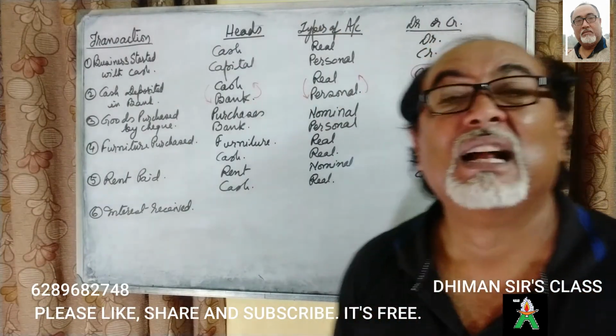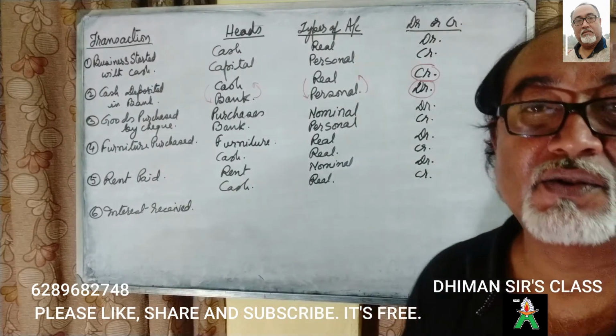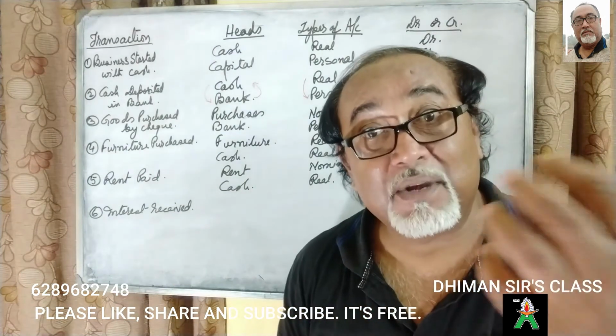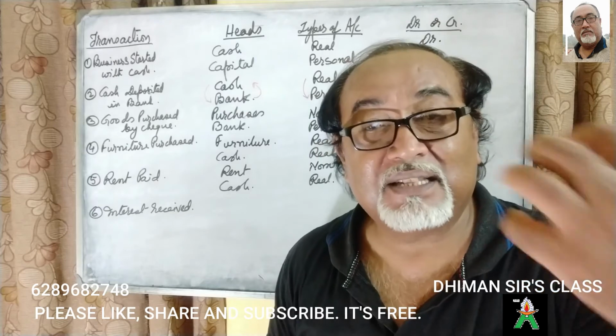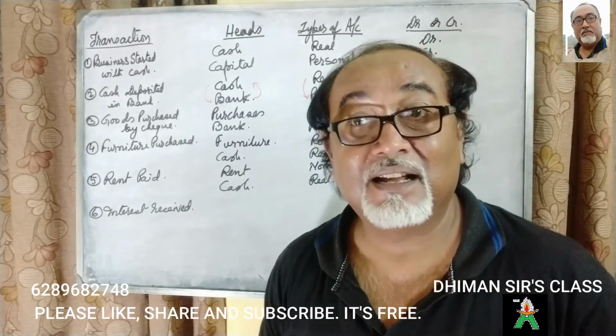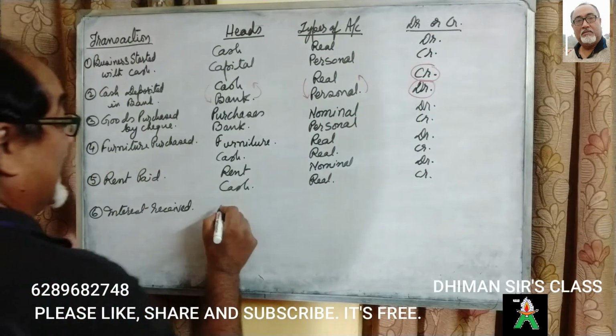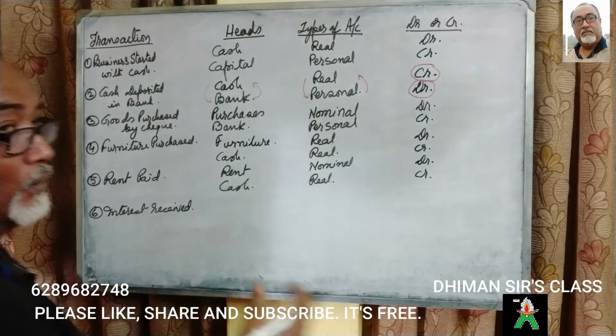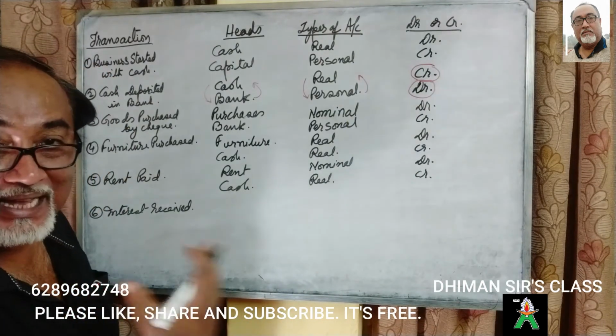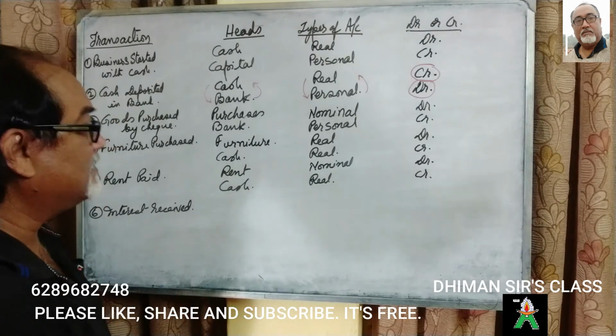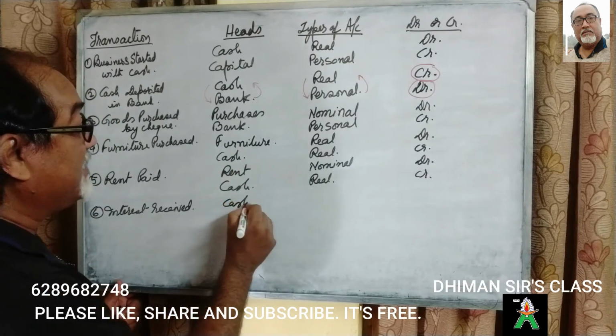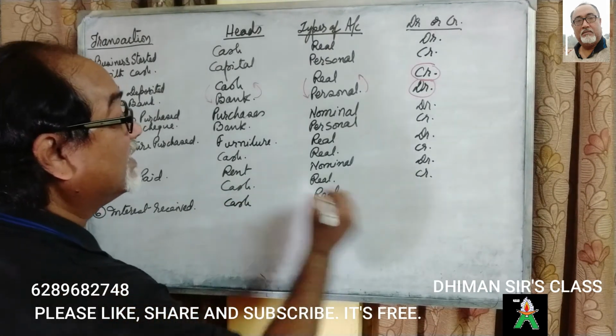Clear, students? Next comes interest received. Now I am the business, I am receiving interest. It's an income to me. So head will be interest. And what am I getting? Cash. By cash or check it is not mentioned. It is by cash, that means. So cash is coming in under real account.